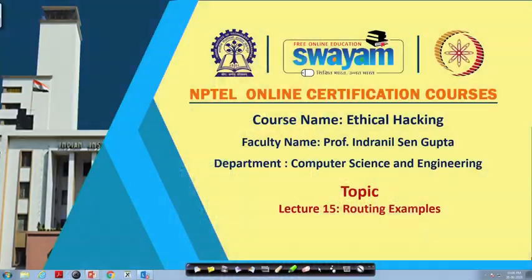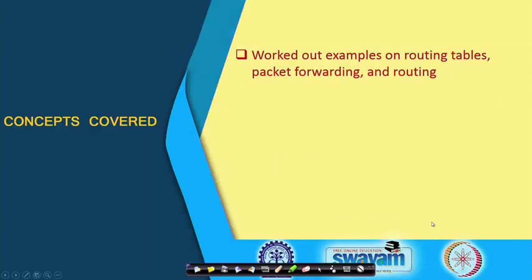So, the topic of today's lecture is routing examples. In this lecture we shall basically be working out some examples that will involve routing table, packet forwarding and in general routing of IP packets. So, let us get started.